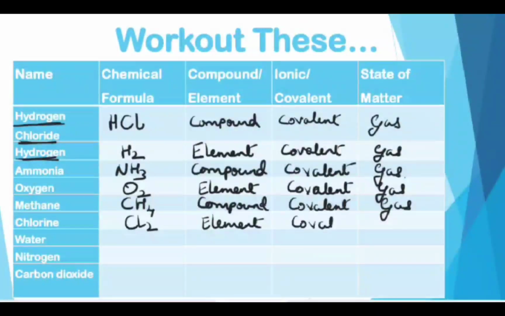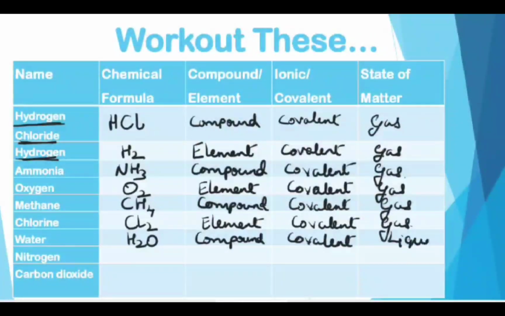Bond is a covalent bond, and chlorine is also a gas. Water, H2O. It is a compound. It is bonded with a covalent bond, and this is in its liquid state. Nitrogen, N2, is an element, covalent bond, and it is a gas.